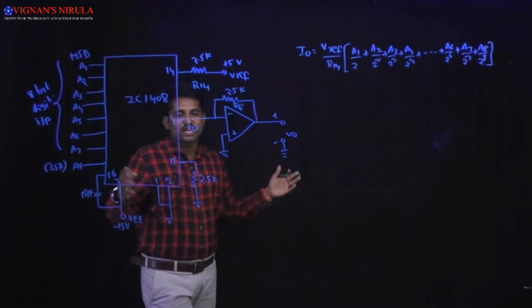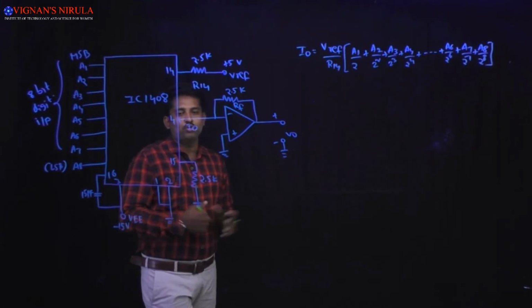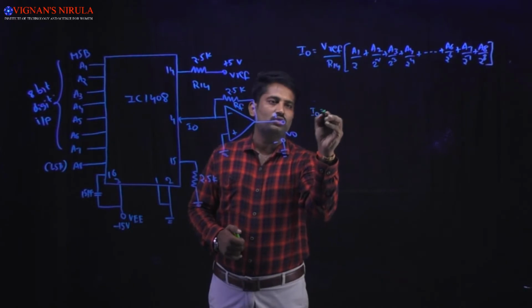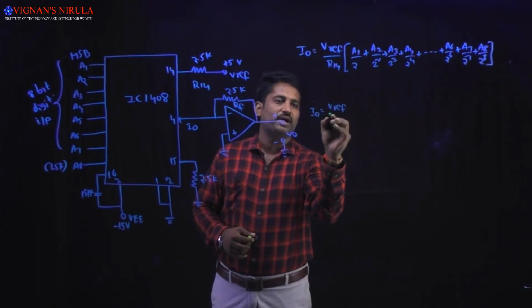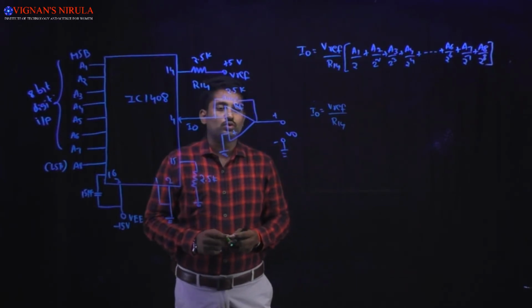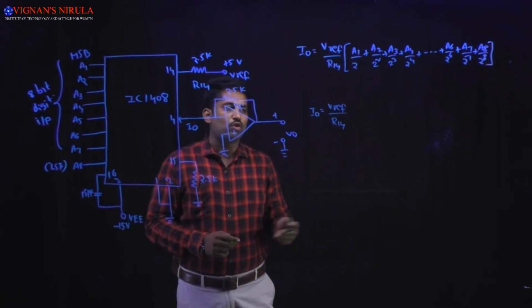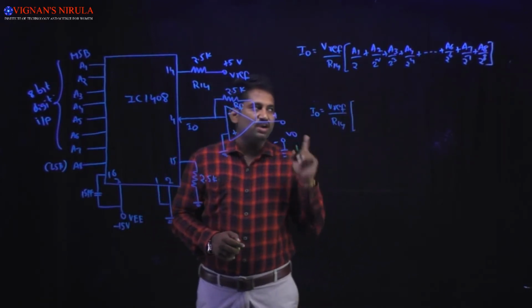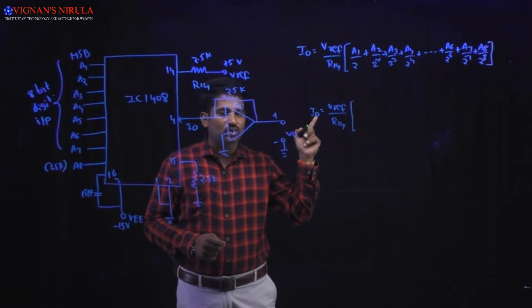For the full scale input values, the output current is calculated as I0 equals V reference divided by R14, where R14 is equal to 2.5 kilo ohms and V reference is equal to plus 5 volts, and for the full scale input A1 to A8 will be equal to 1.